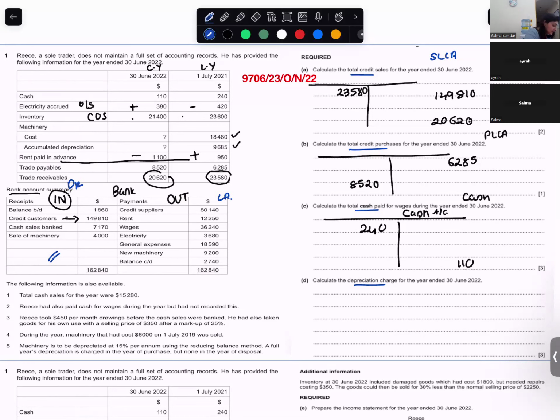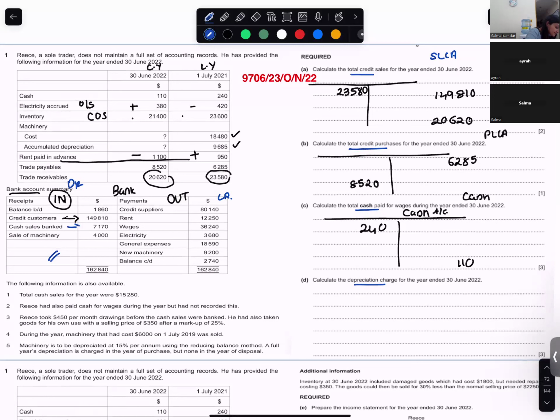Okay, fine. Now what is this? Cash sales banked. Okay, that means we have two types of sales. One is the credit sales, other is the cash sales. Credit sales, we will prepare SLCA, and cash sales, we just have to total.